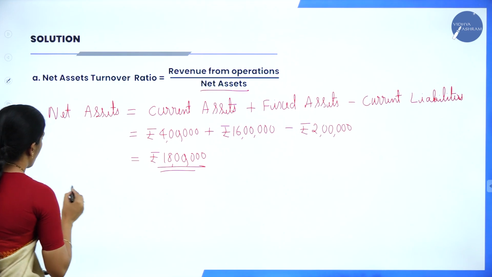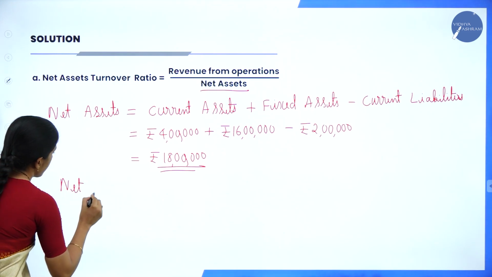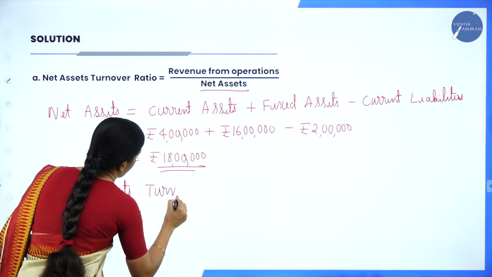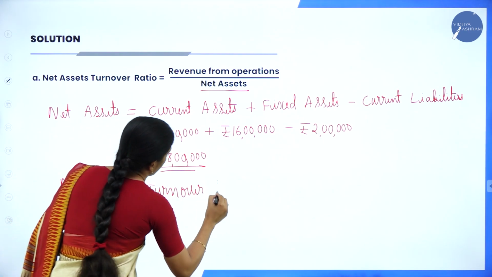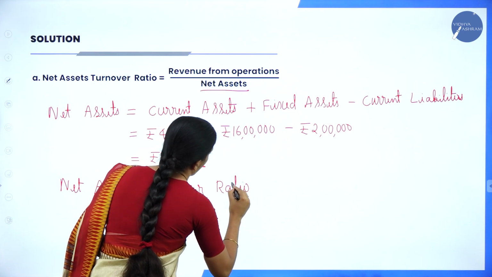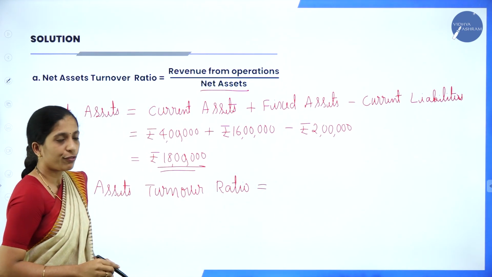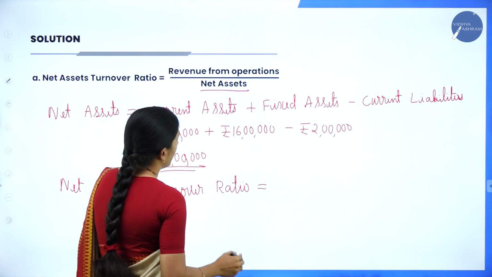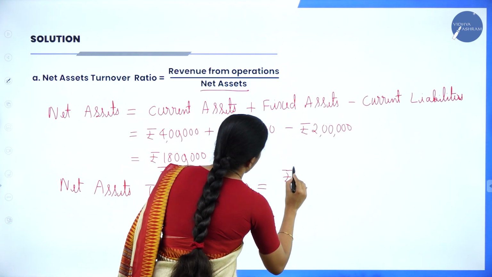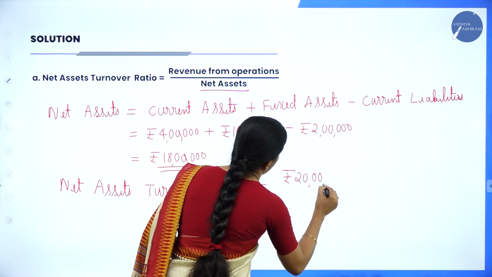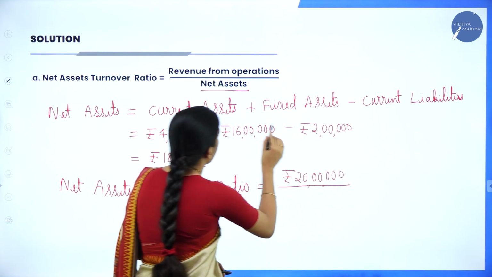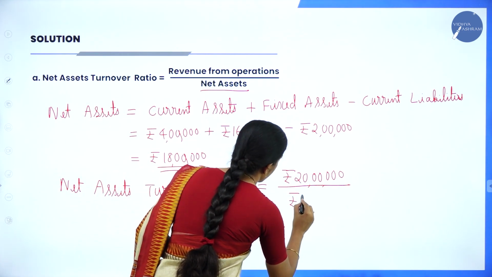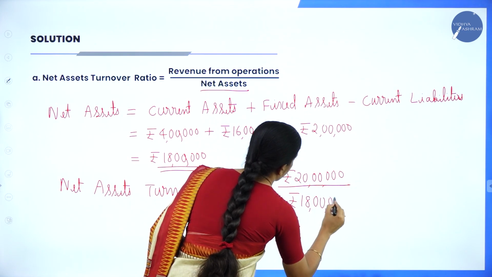Now we shall apply the formula. Net assets turnover ratio is equal to revenue from operations. They have already given revenue from operations as 20 lakh rupees, divided by net assets, which we have now calculated, rupees 18 lakh.